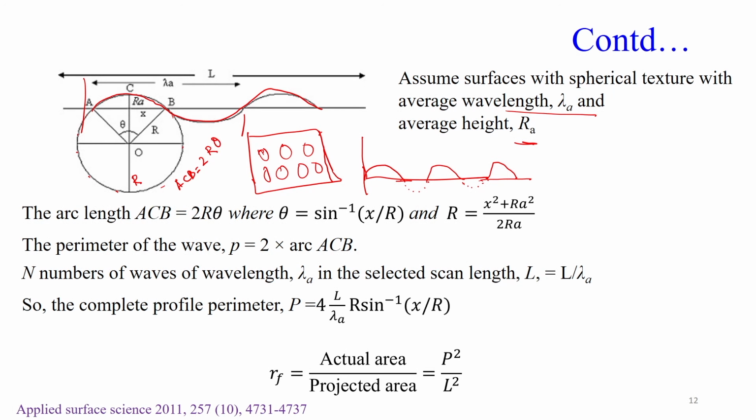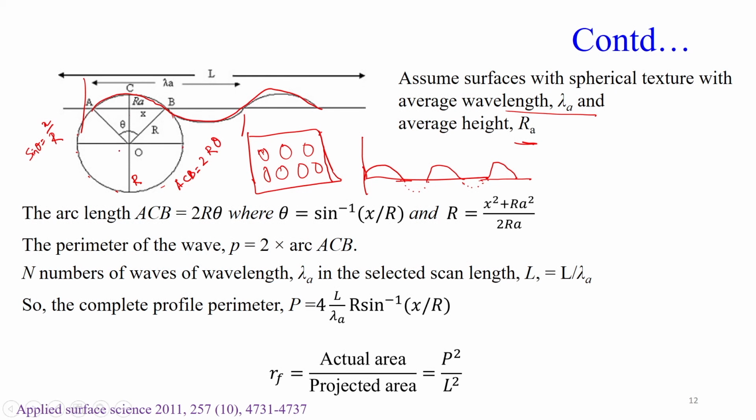Now, if you want to calculate the value of theta, this length is known, this is x, this is r, you consider this as 90 degree. So, we simply calculate sin theta will be x upon r.